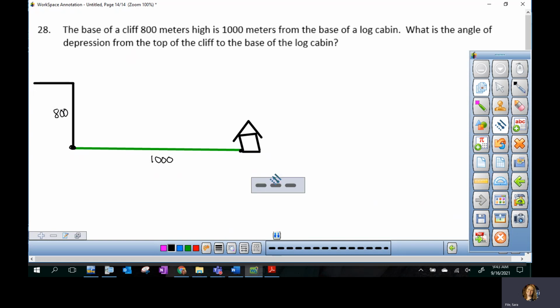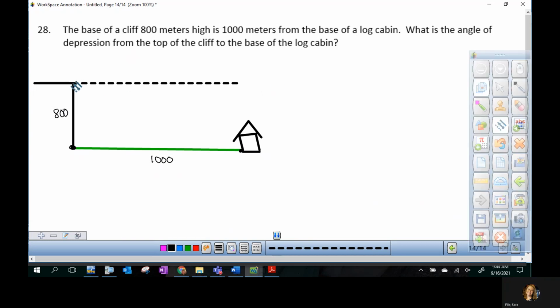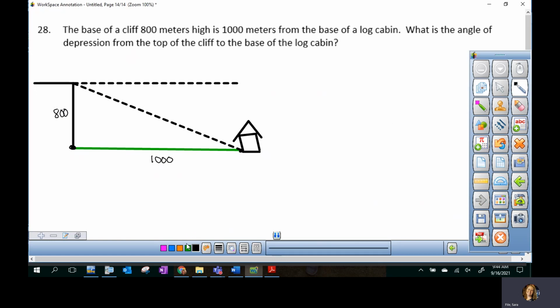Remember, angle of depression is measured from the horizontal, right? So this imaginary horizontal line from the cliff to the cabin, the angle of depression is actually outside this little triangle that we created. So this is what we're looking for.